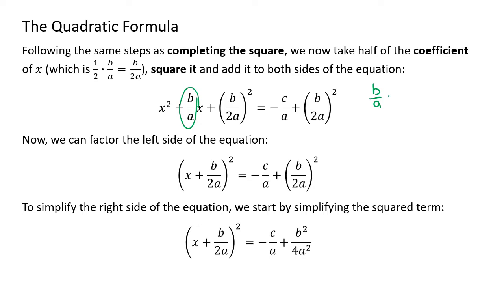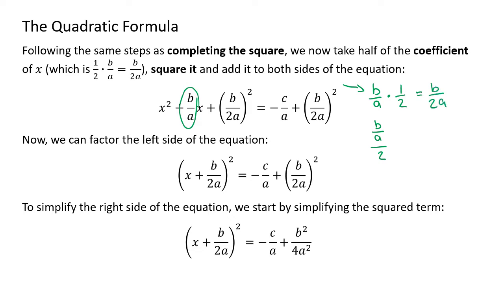That's the same as either multiplying it by 1/2, or you could write it as b over a divided by 2. Whatever one makes more sense to you. I find that this format works better for most students. So you're going to cut that number in half. And if you're multiplying fractions together, you simply multiply the numerators together and multiply the denominators together. So that becomes b divided by 2a.